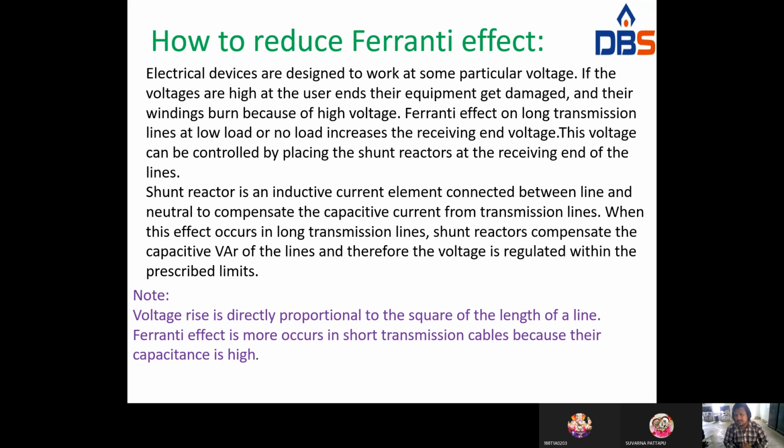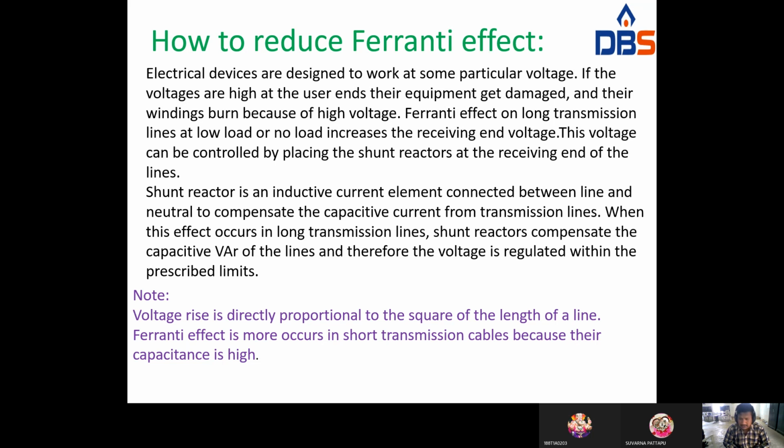So how to reduce the Ferranti effect, right? Electrical devices are designed to work at some particular voltage. That means all the auxiliary equipment may work at some standard voltages, plus or minus 6 volts of rated voltage.